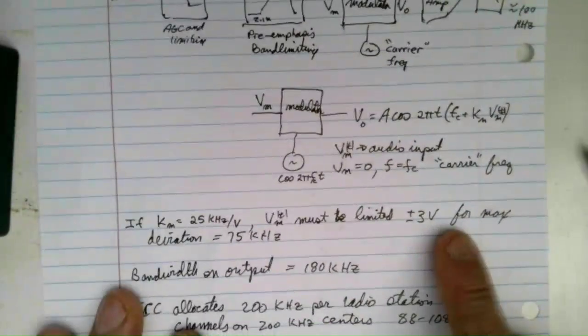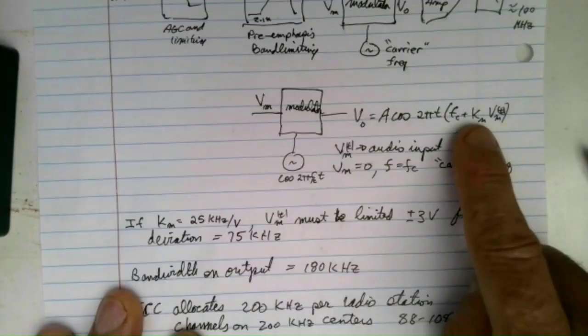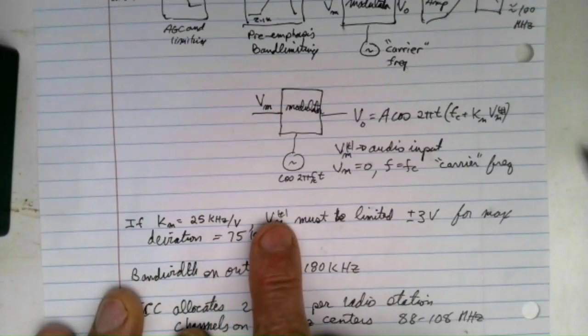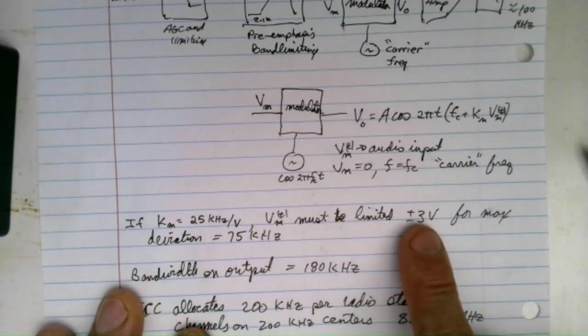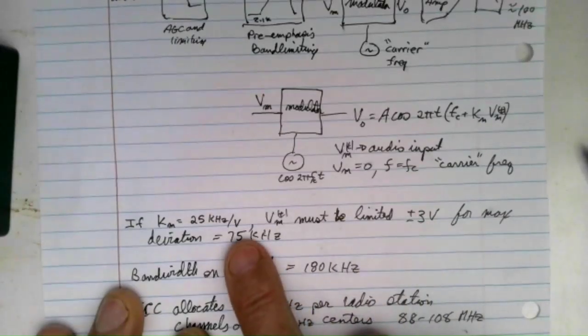Now let's suppose your Km, this modulation constant here, was 25 kilohertz per volt. Then your Vm of t would need to be limited to plus or minus 3 volts for a maximum deviation of 75 kilohertz.